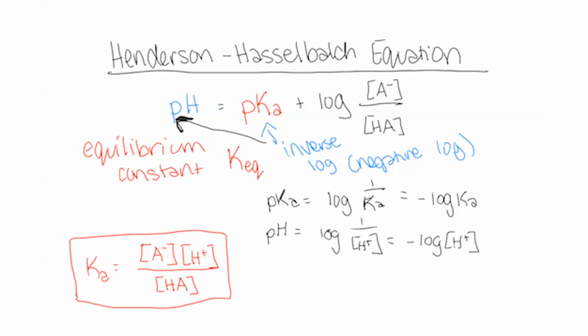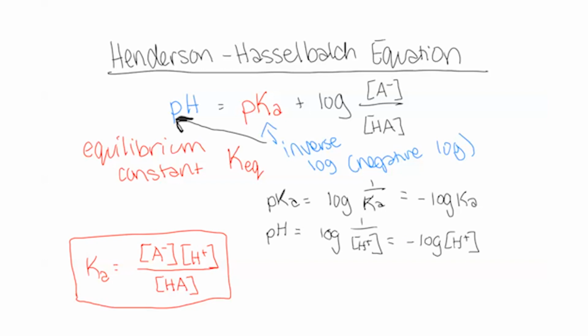We can write it either way. The reason why we take the pKa is because now we can talk about it on the same kind of scale, in the same sort of terms as the pH.